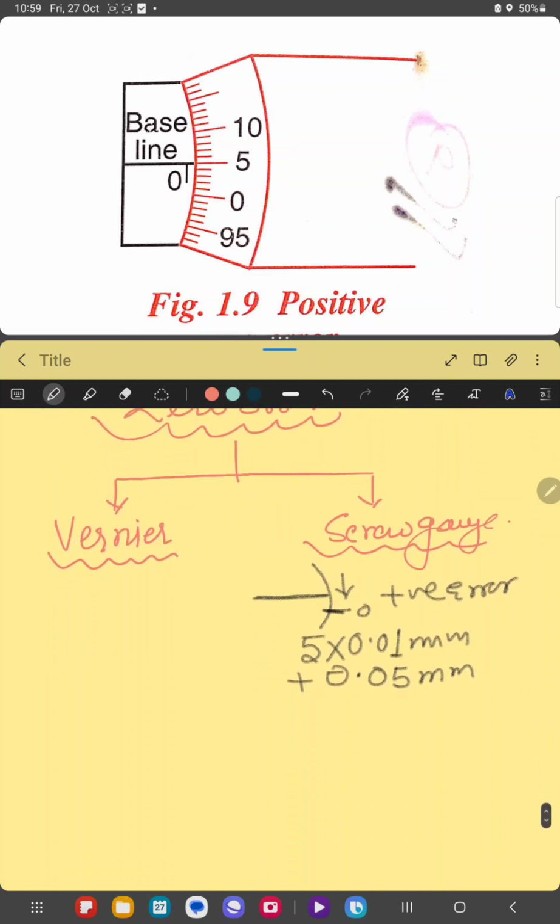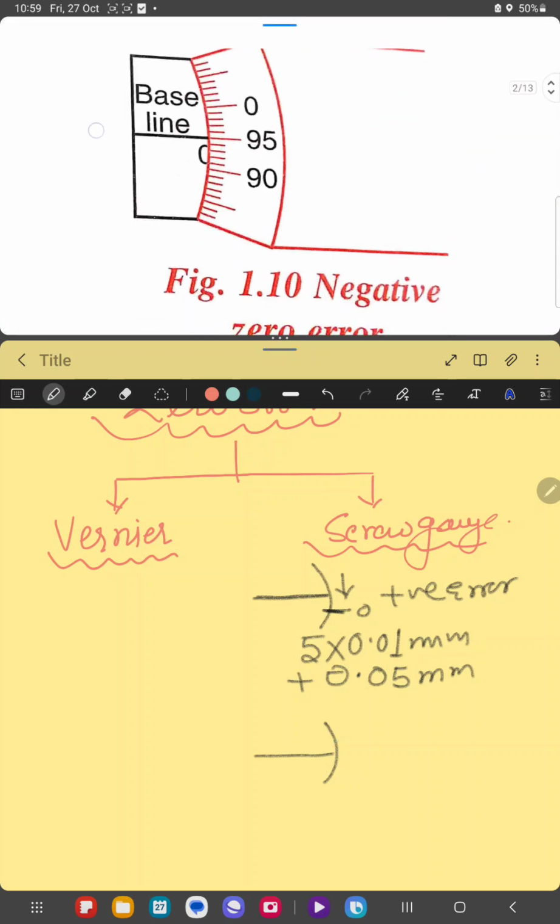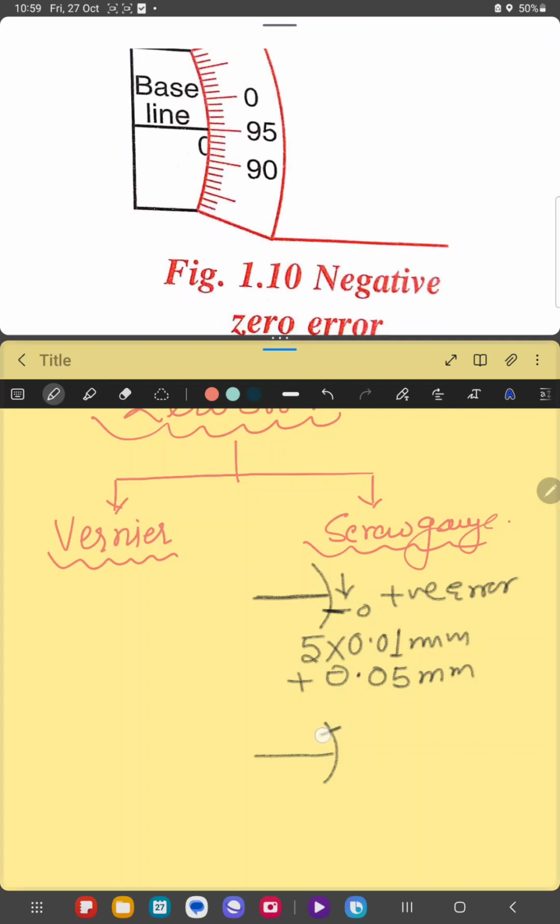The next situation is negative error, where the zero is just above the baseline. Here the 95th column is coinciding.